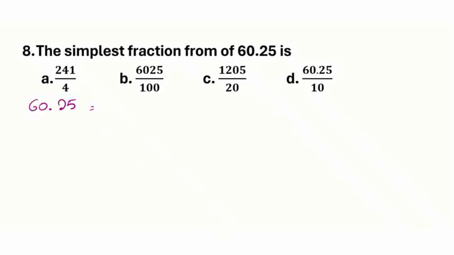So this is also very simple. First write whatever the digits are there, means 6025 by 1. See, after the point, how many decimal places are there? There are 2. So after 1, simply put 2 zeros. So this is how we convert decimals into fractions.